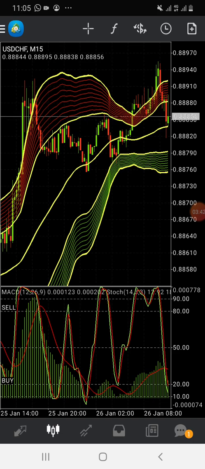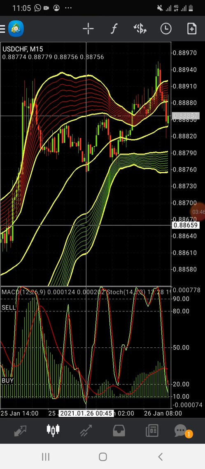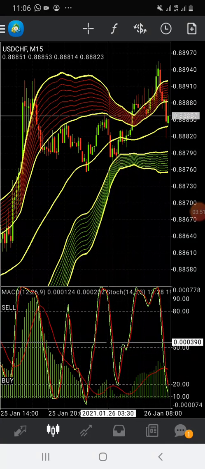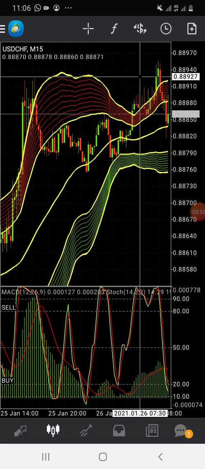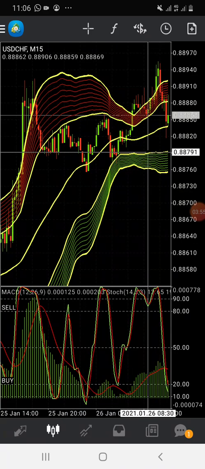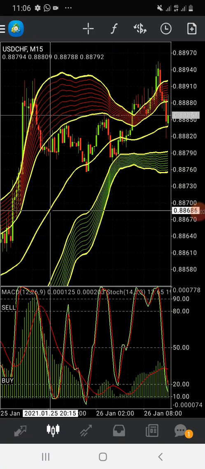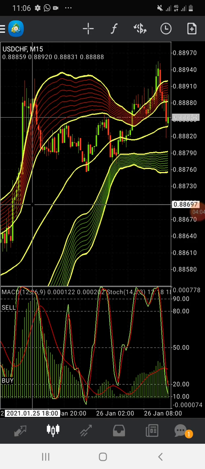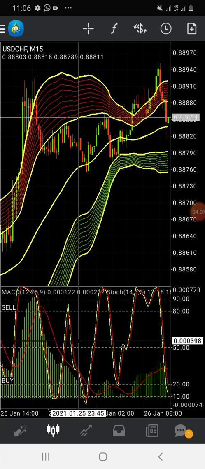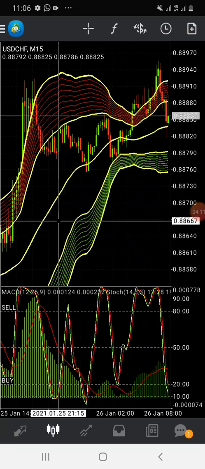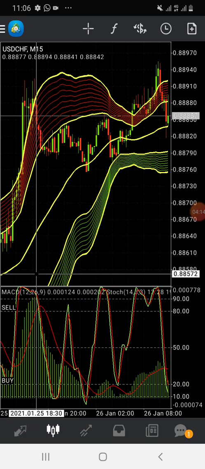And we also have the opposite, which is the bearish divergence, where price is going up, but your technical indicator is going down. That tells you that we're about to get into a sell trade. That's why it's called the bearish divergence. In the bullish divergence, price will be going down, but your technical indicator like the MACD will be going up, signaling that price is about to change direction.